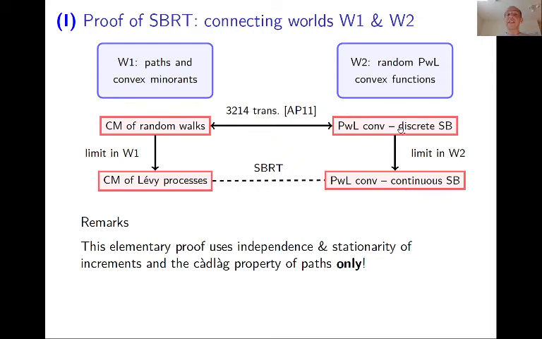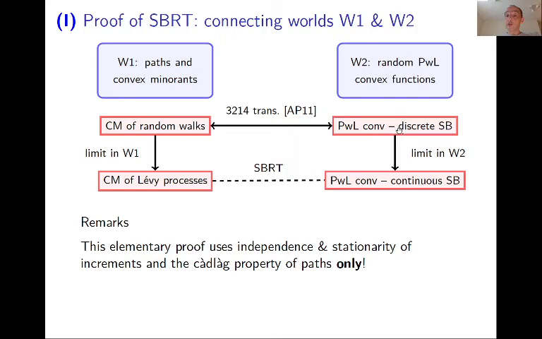Now, on the other side, these representations, this is essentially the stick-breaking representation, a discrete stick-breaking representation, a piecewise linear convex function. Essentially our contribution is the limit on this side, W2, in this world 2.